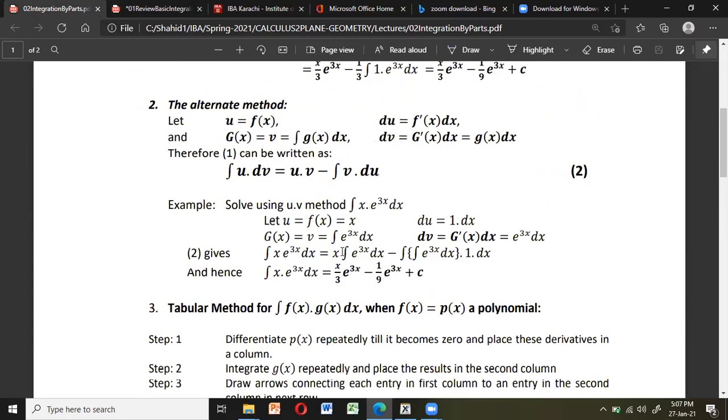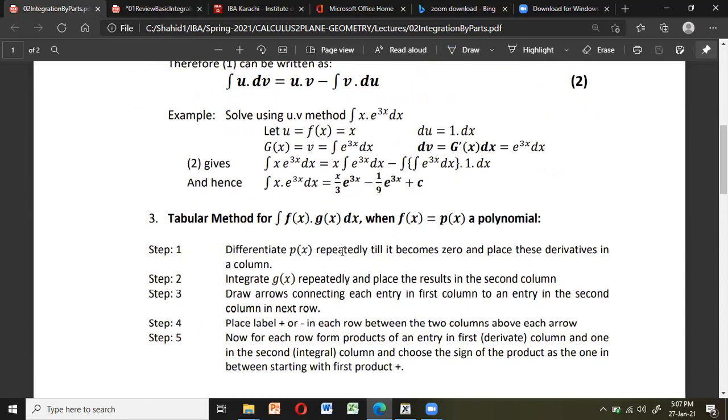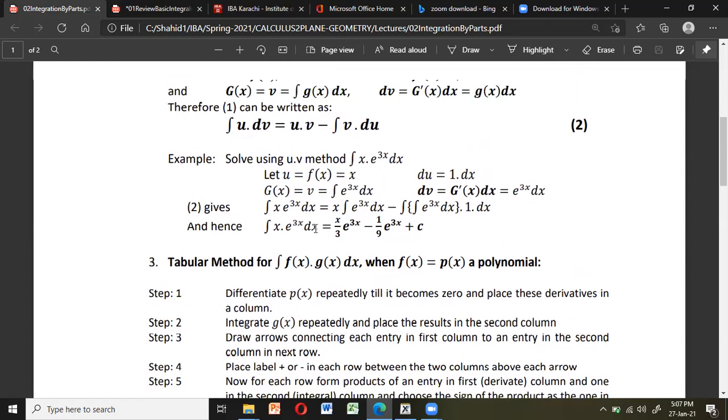I think some of you never considered the situation where one of the functions involved in the integral is a polynomial, where you get repeated integration. That means integration by parts is applied repeatedly.